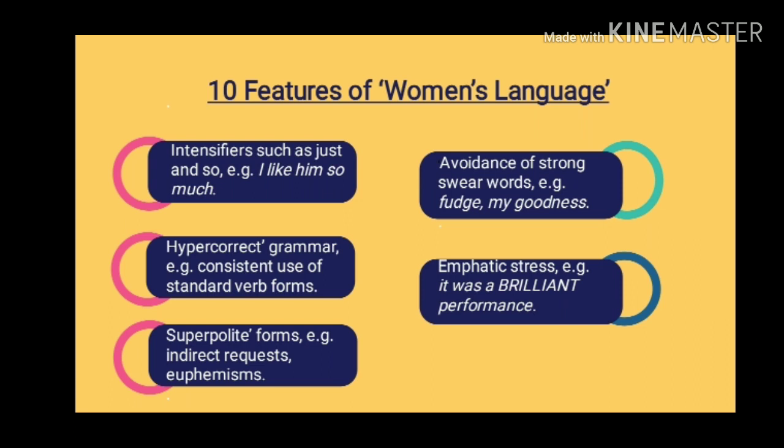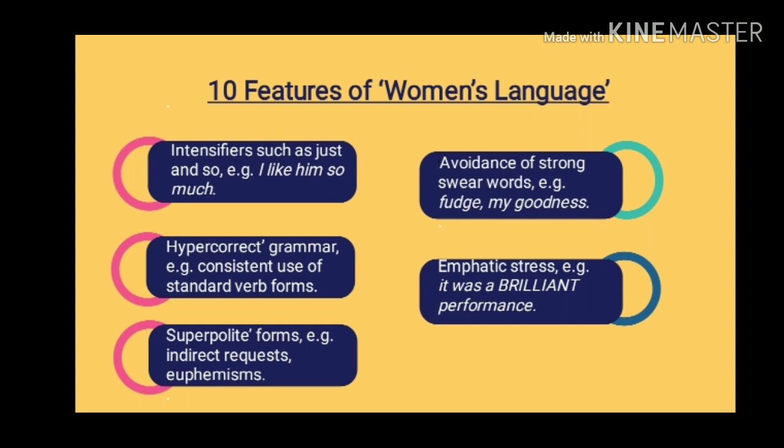The next is hypercorrect grammar. Women use hypercorrect grammar. What is hypercorrect grammar? Using the proper grammar, and they avoid words like ain't or double negation because they try to use the proper and the higher variety of the language, so they use correct grammar.